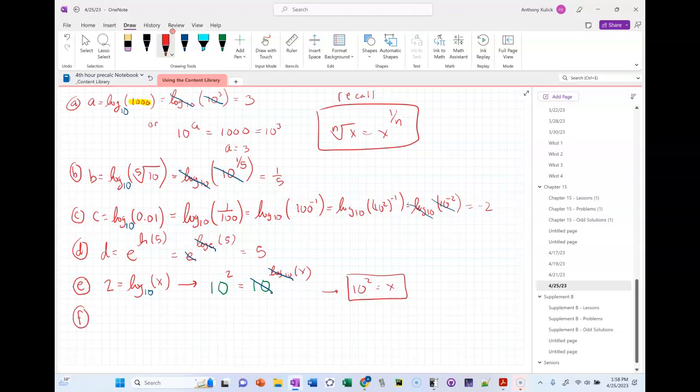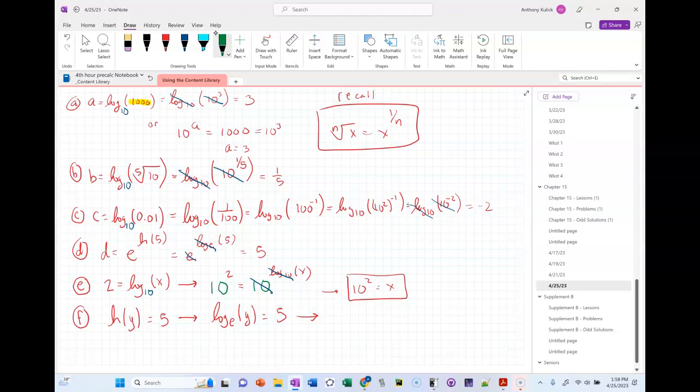Sure. Okay. The next one, we have the natural log of y is equal to 5. So what is the base on the logarithm, natural log? It's e. So what exponent base do I need to cancel the log base e? Needs to be exponent base e.